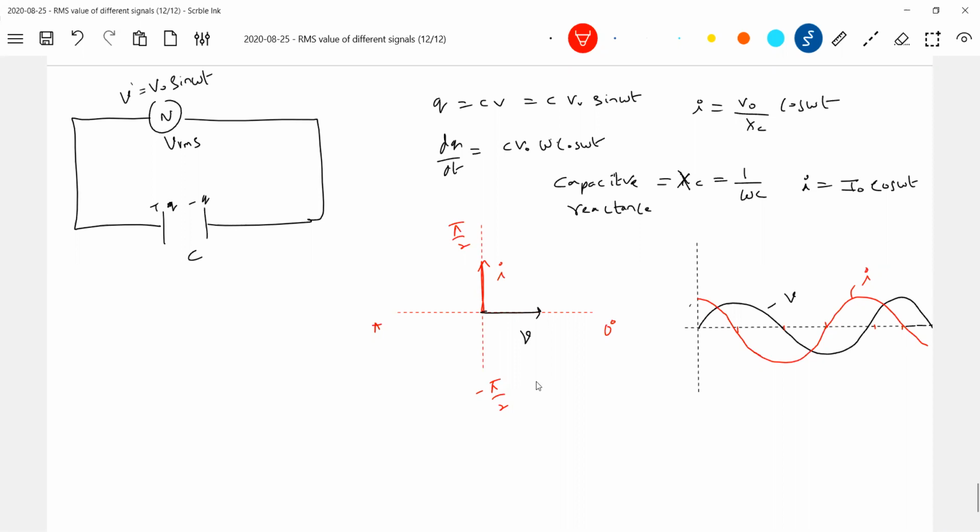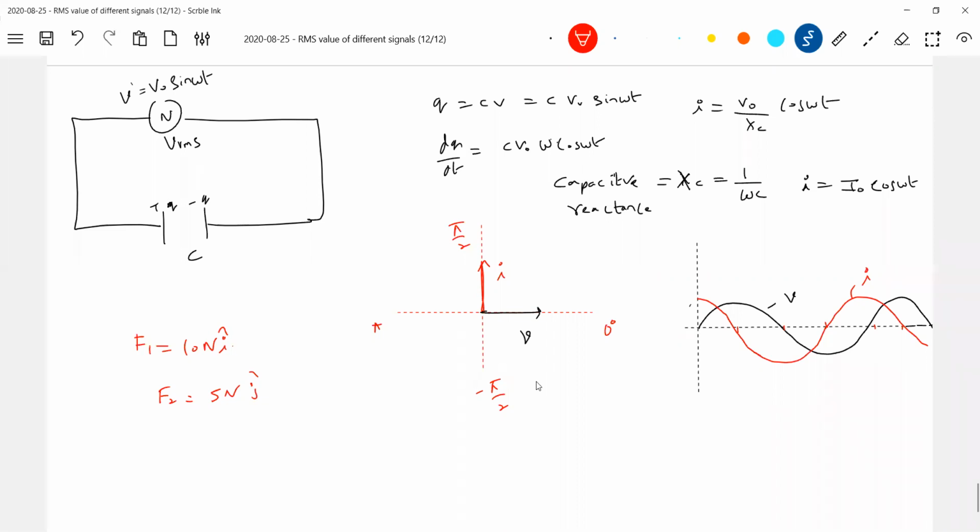Now, sir, why did you suddenly bring this 0 to pi by 2? You go back to vectors, you take a force. Suppose a force F1 equal to 10 Newton, 0 phase, acting along 0 degrees. Another force, 5 Newton, acting along... I cap means along the x-axis.